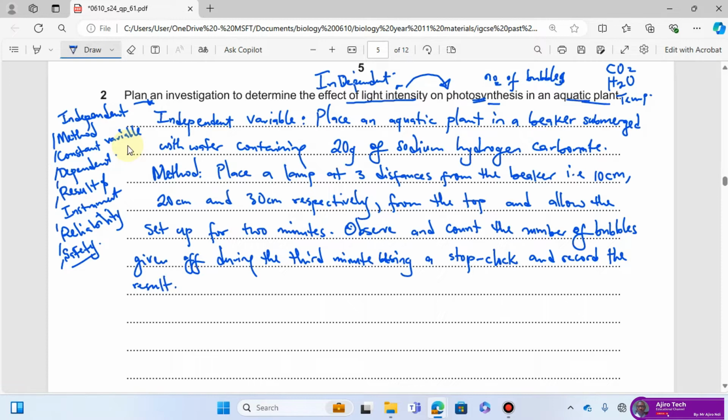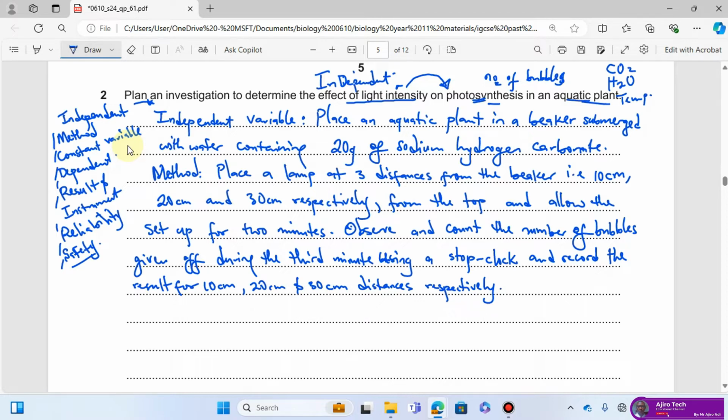So you observe and record the result for the 10 cm, 20 cm and 30 cm distances respectively. So that's how we'll take our dependent variable, the result, and the instrument.